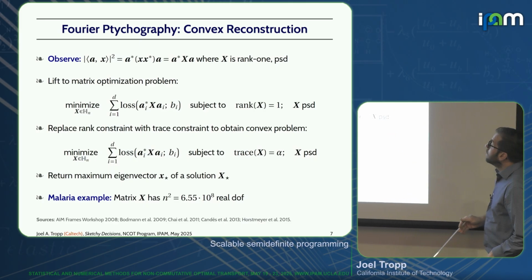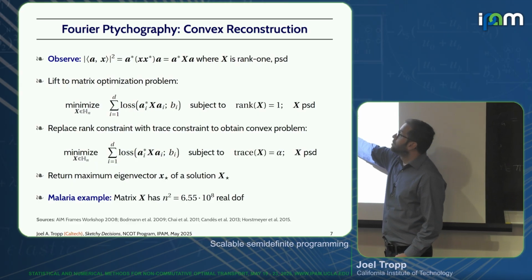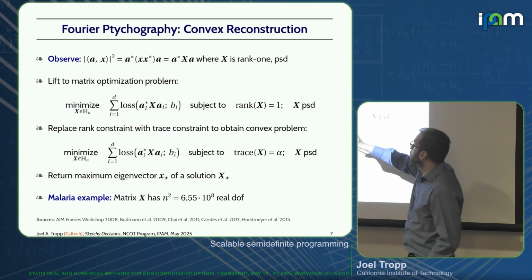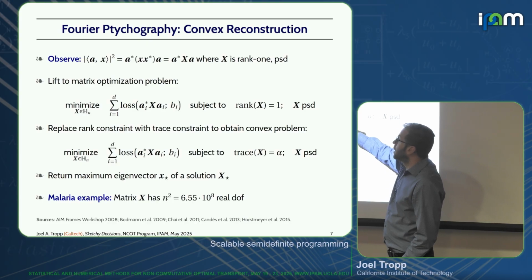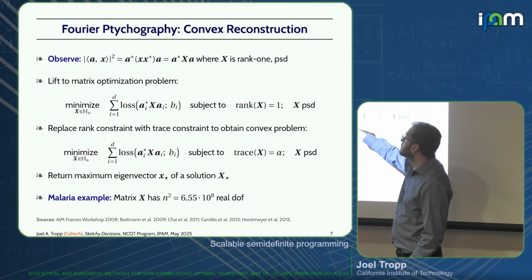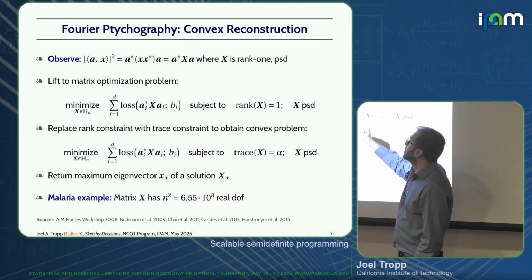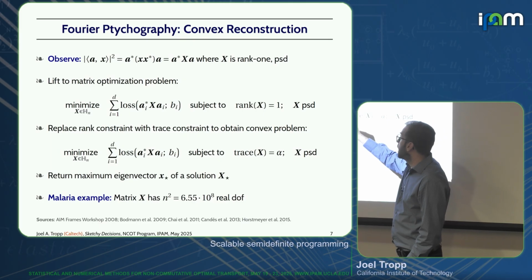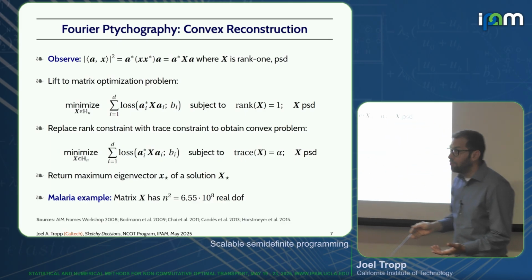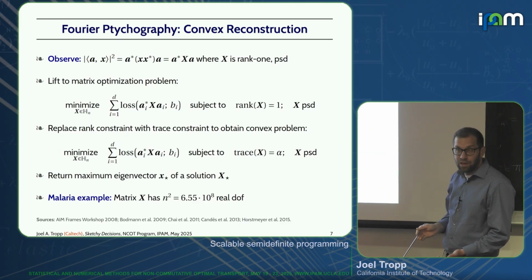And what we'll do now is replace that squared intensity in the objective function with a_i^T X a_i, which is linear in X. Because the loss is convex in the first coordinate by assumption, this is a convex function of the matrix X. And so the objective now is convex as a function of the matrix variable.